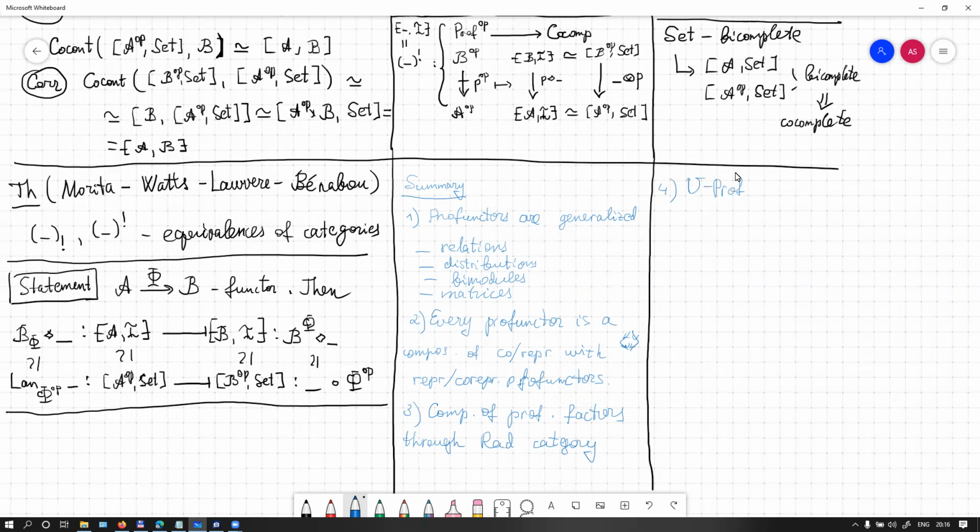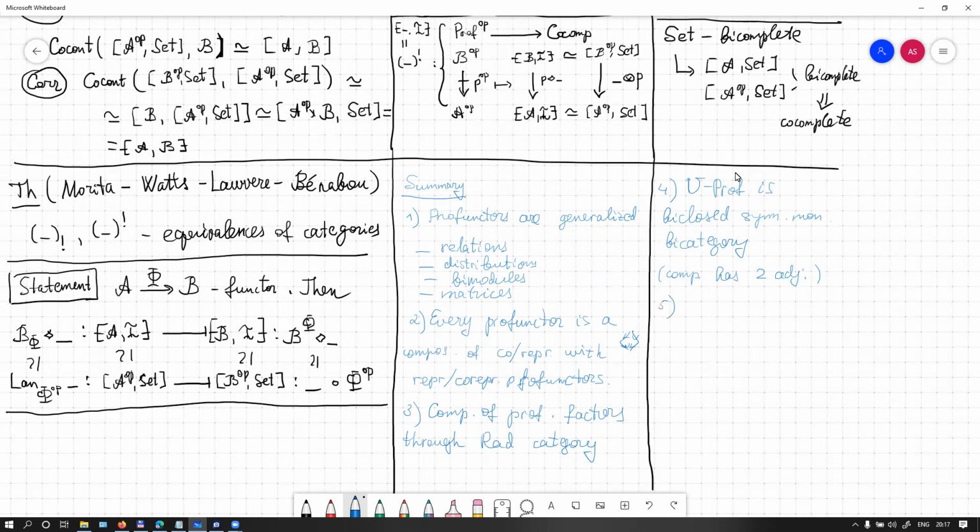V-Prof is a biclosed symmetric monoidal bicategory. This means that composition has two adjoints, so Run and Rift.